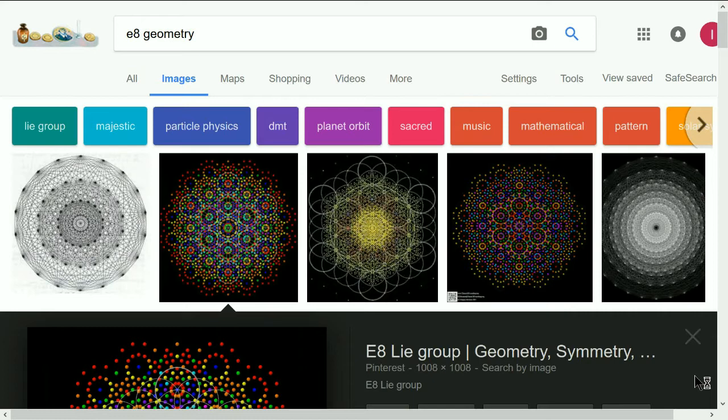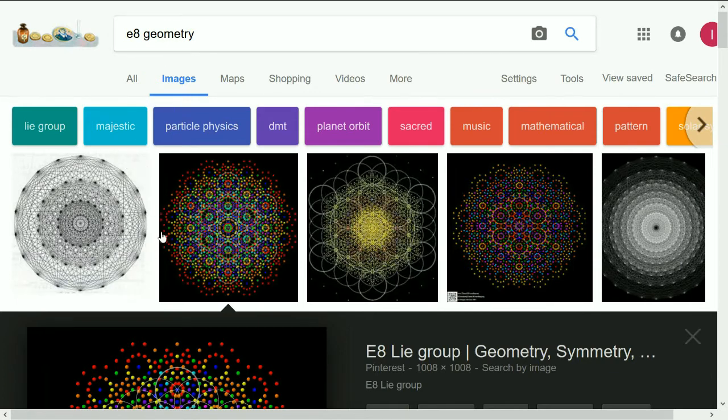So let's move on to E8 geometry again. We just discussed the flower of life, Metatron's cube, etc., which is called spiritual science and which is called New Agey by Wikipedia. But I just want to show you these pictures of E8 geometry images.